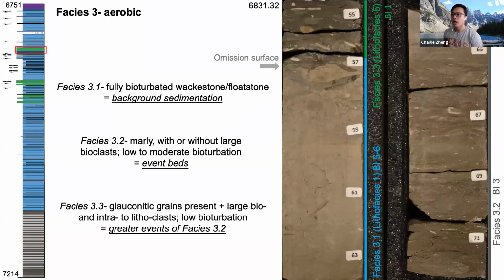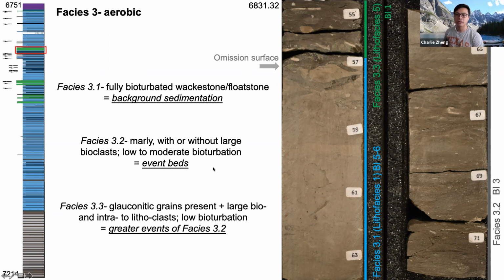Then the oxygenated phase is a little bit complicated, so I would like to tear it down into subphases, with color bars. So there are three phases. Phase 3.1 means the background sedimentation under a fully oxygenated shelf environment. It's fully bioturbated wackestone to floatstone. And phases 3.2 and 3.3 are event bed deposits.